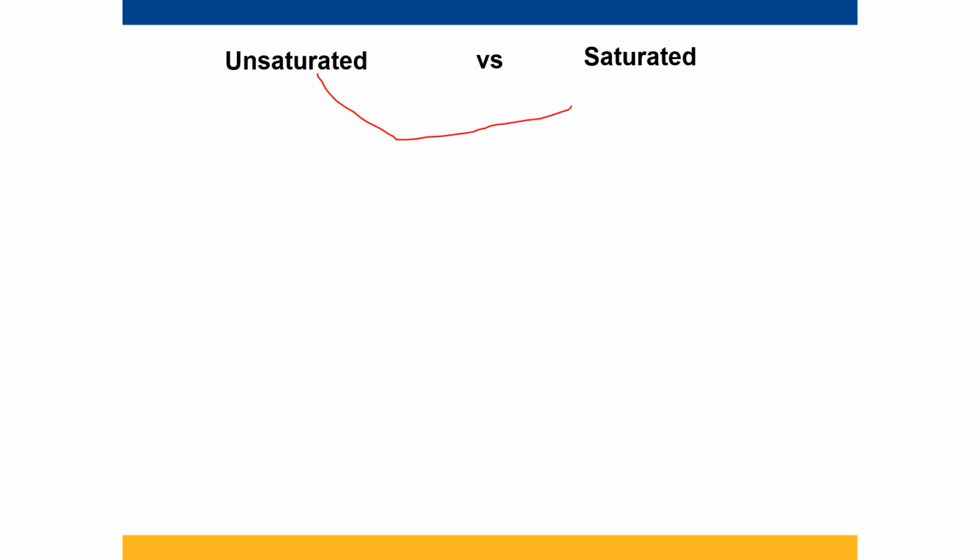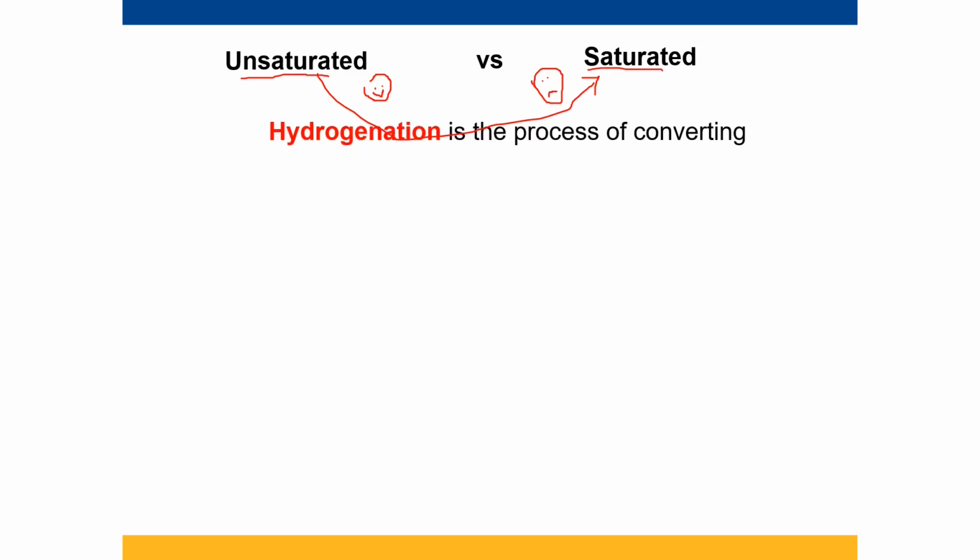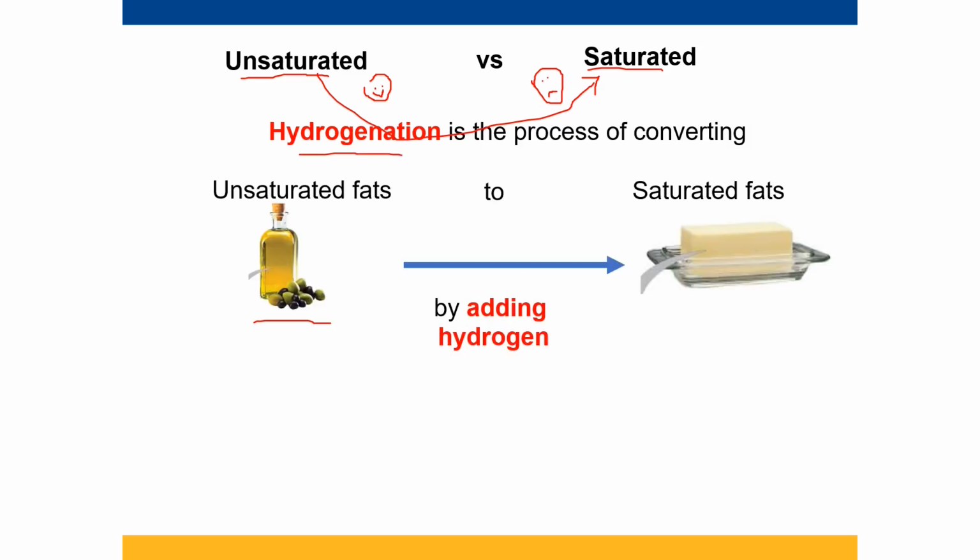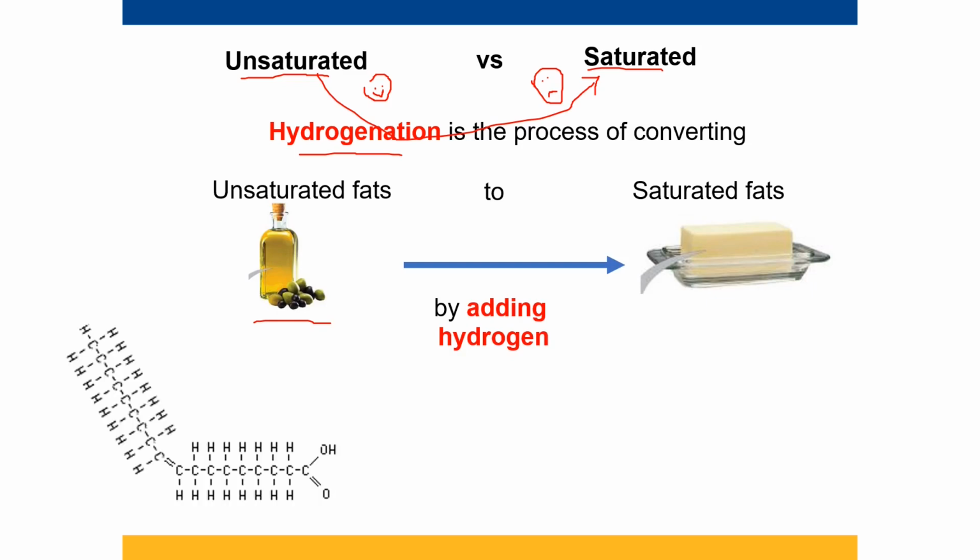So again, I made two silly cartoons. Why? Because there is a process. You remember that if you want to live a healthy lifestyle, you should eat unsaturated fats, while too much saturated fat is bad for your health. There is a chemical process in the food industry that can turn unsaturated fat into saturated fat. This process is called hydrogenation, and it allows you to take unsaturated fats and convert them into saturated fats by adding hydrogen.